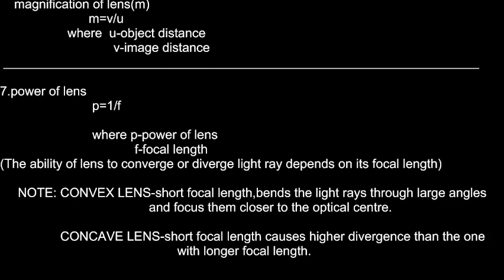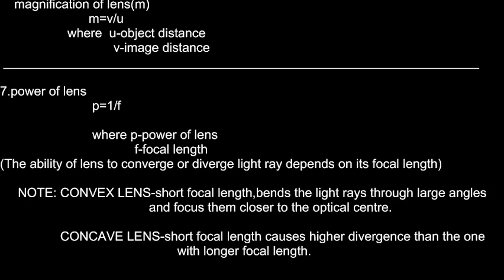The ability of a lens to converge or diverge light rays depends on its focal length, and that capability of the lens is nothing but the power of the lens. As you are observing here, power of lens is equal to 1 upon f.